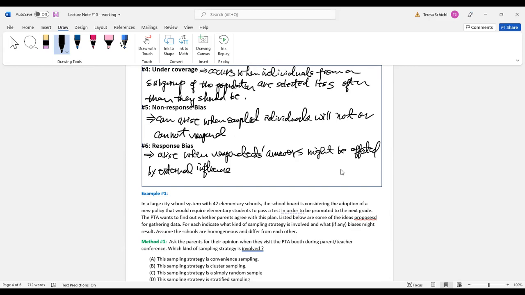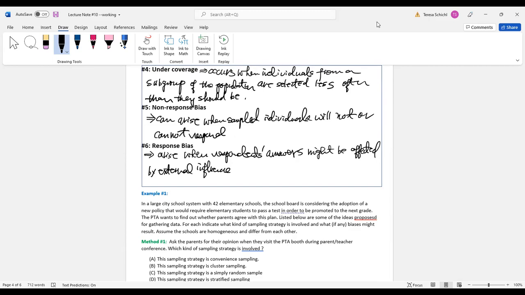You don't want to tell the truth because the human resource person is there, and you're afraid they will tell your boss your opinion, which might later influence your raise. So even if you respond, we need to be careful whether the response was influenced by external factors and whether it is a real opinion. That's what we call response bias.